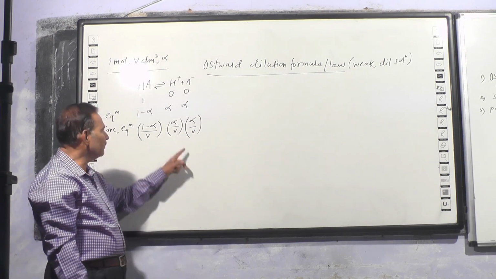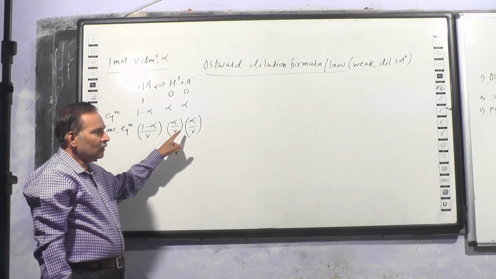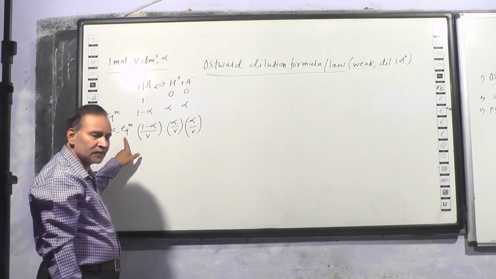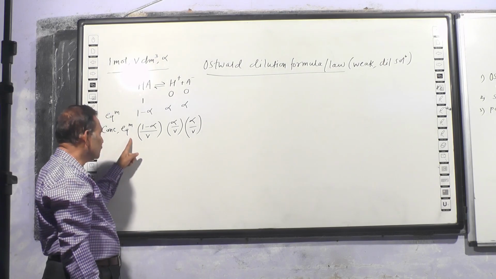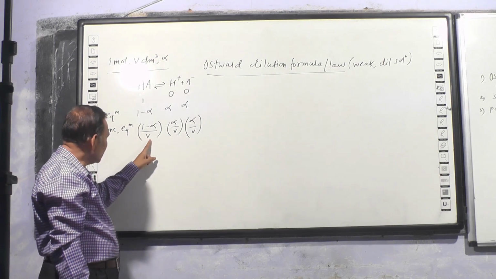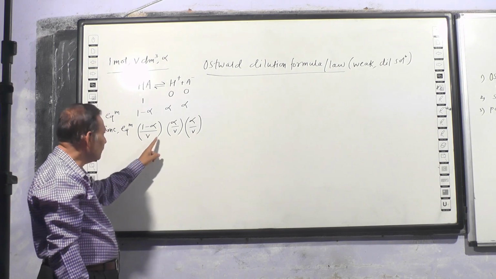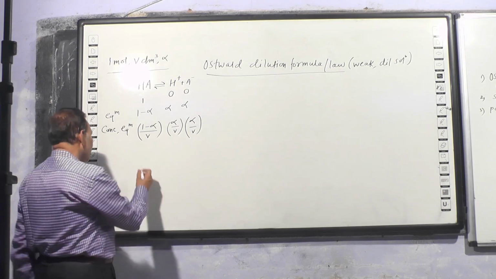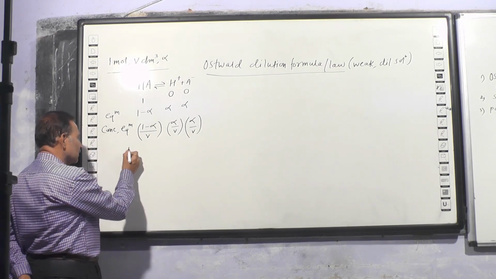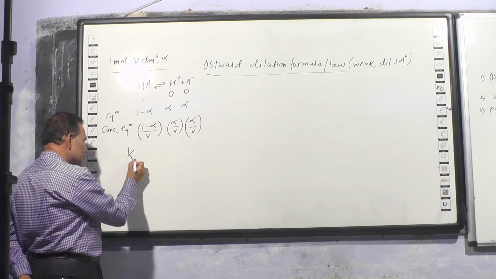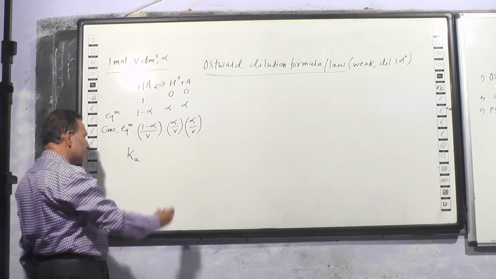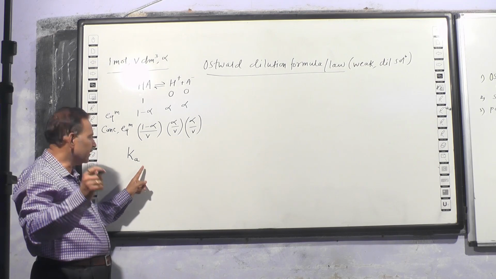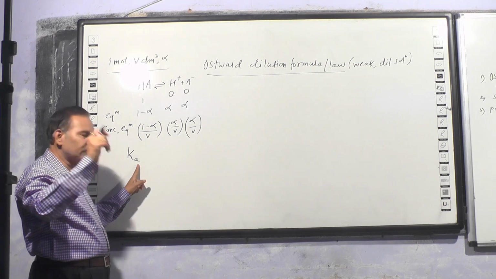We are well familiar with the fact that the law of mass action can be applied only at the equilibrium stage. This is the equilibrium stage of the electrolyte, and these are the concentrations of reactant and products at equilibrium. So if we apply the law of mass action, being an acid, the dissociation constant will be represented by the symbol Ka, with small a for acid, indicating this is the equilibrium constant for acid.